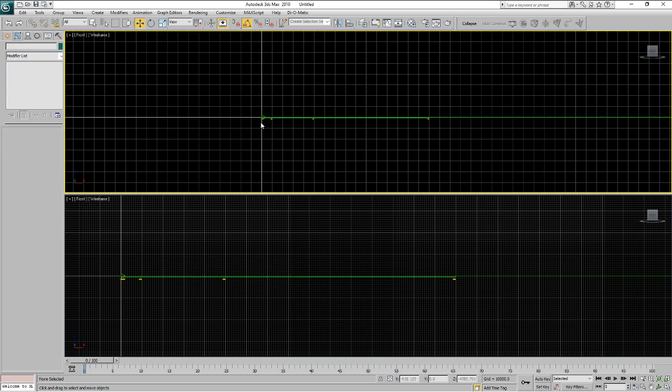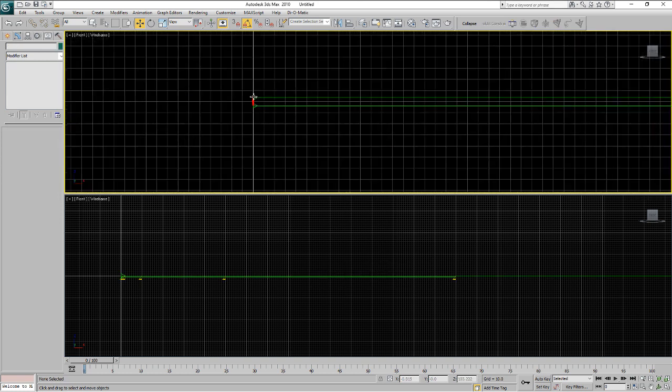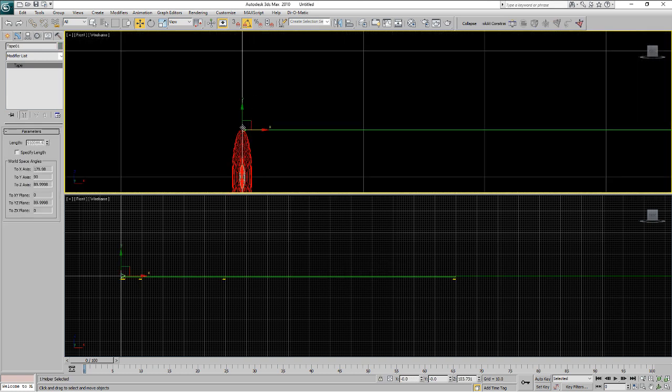Okay, now the angles that are involved here, let me go ahead and look these up. The angles that are involved here are 89.9998. Okay, so that's 89.9998.